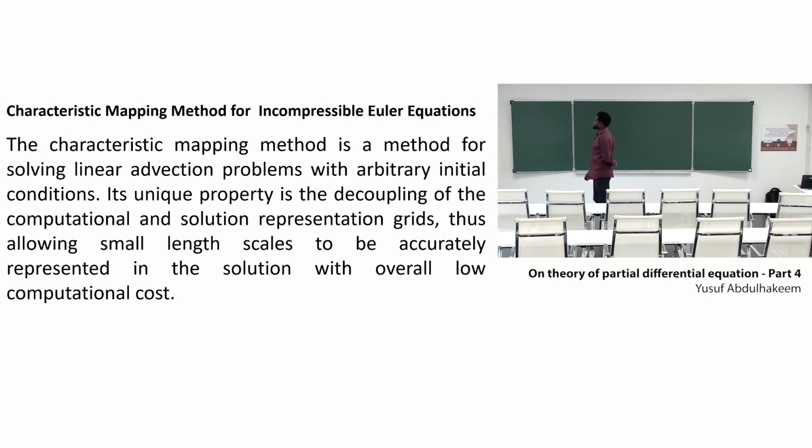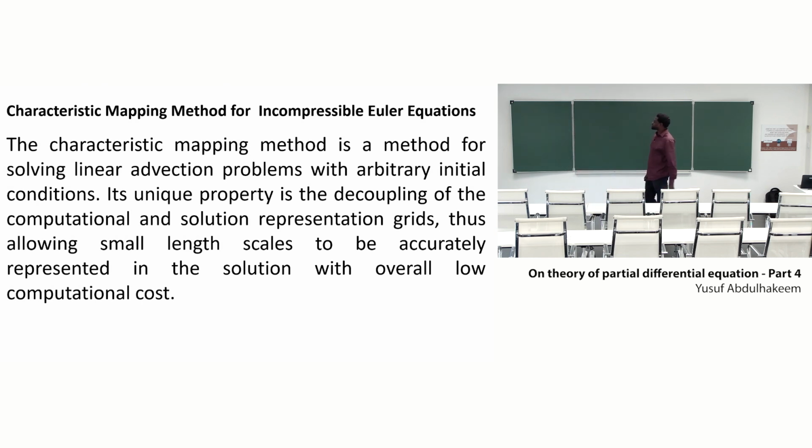As we all know, this is an ICTP research in pairs lecture on the theory of partial differential equations. Today, which is going to be our last day, as I said yesterday, we are going to look at the characteristics mapping method for the incompressible Euler equation.